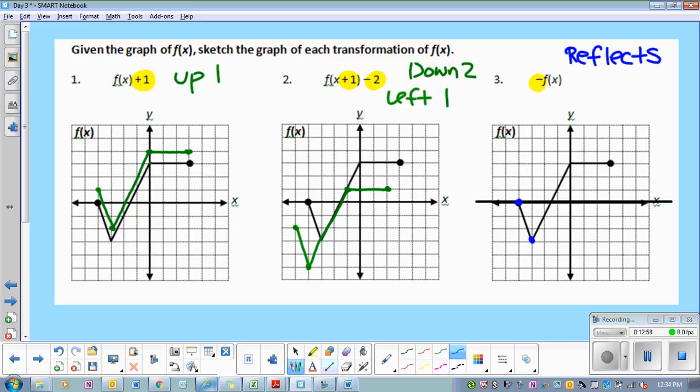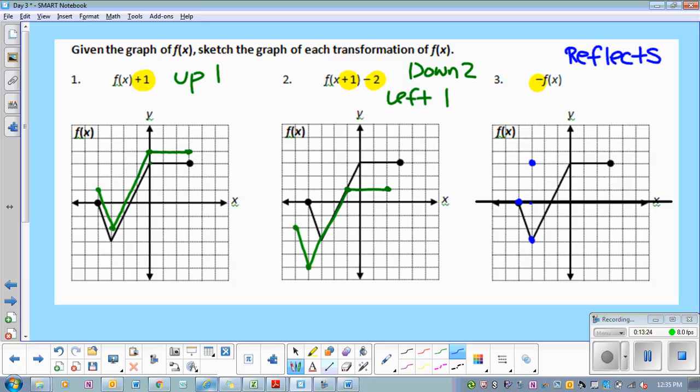Let's go to this next point right there, okay? This one is how far from the x-axis? Yeah, 3 down, right? So if we want to reflect it or flip it, then we have to go 3 up. Okay, so since it went 3 down right here, I have to go 3 up. 1, 2, 3, right there.